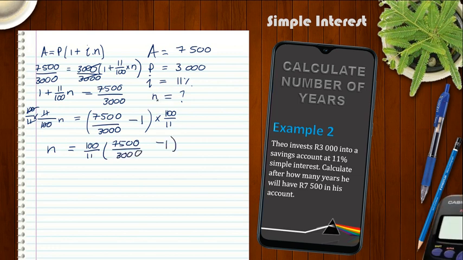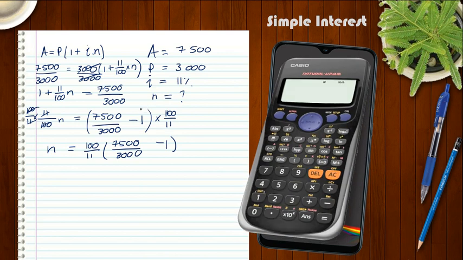And then we type that into the calculator. Okay, so that gives us 13.636.